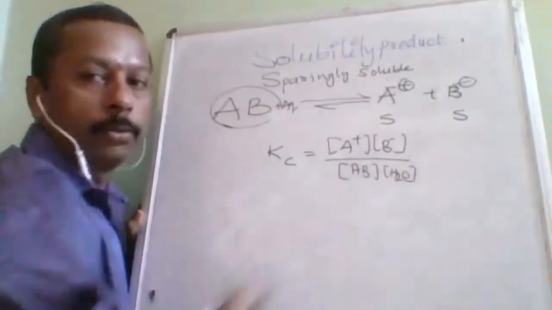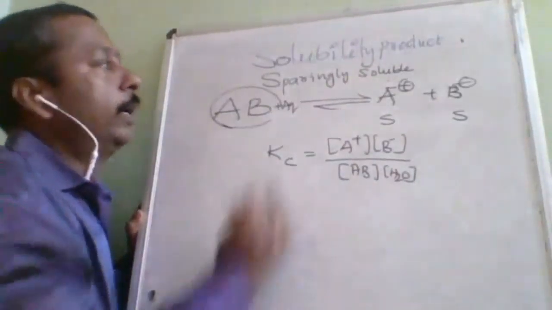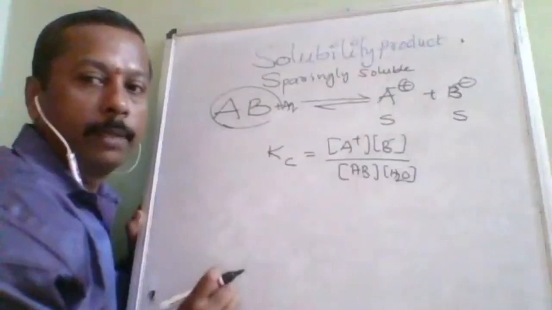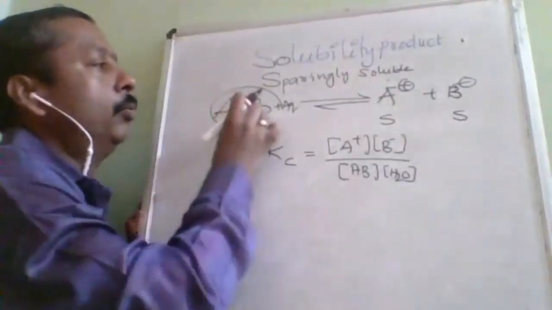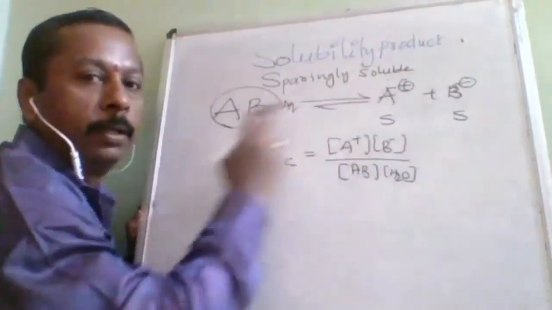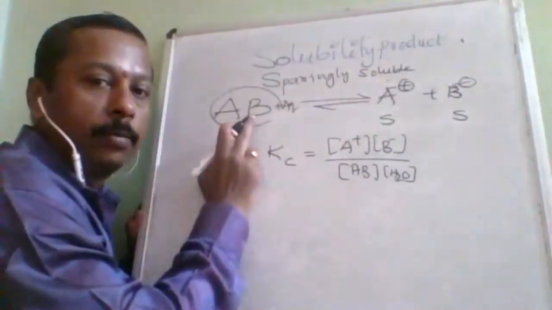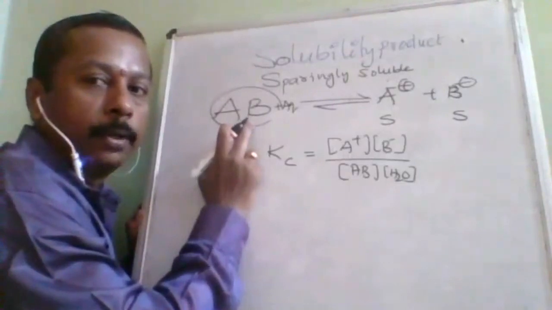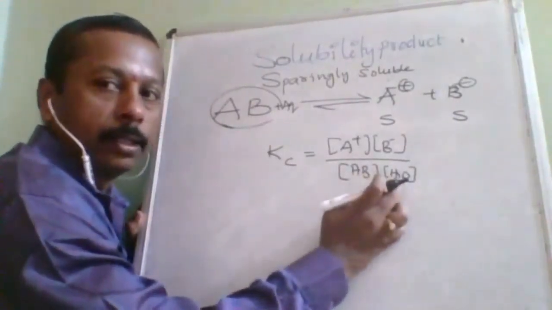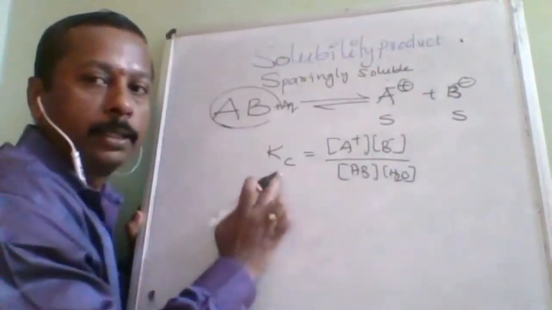As I have mentioned, soluble, sparingly soluble, means the amount of solute which went to the right side is almost negligible. That means its concentration is almost constant. So this is constant and this is also constant, so they can be multiplied with another constant.